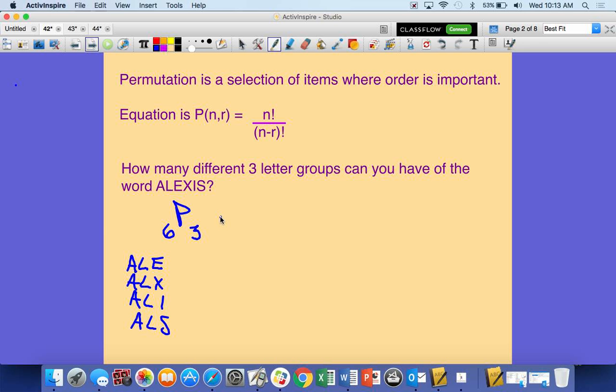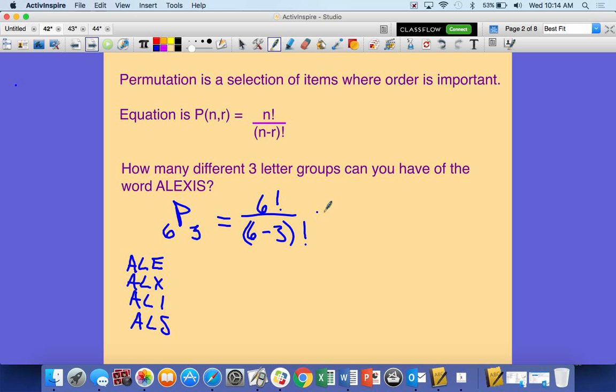Alright, so using this formula up here, it says n factorial, where our 6 is our n, so we've got 6 factorial on top, and then on the bottom, 6 minus 3 factorial.